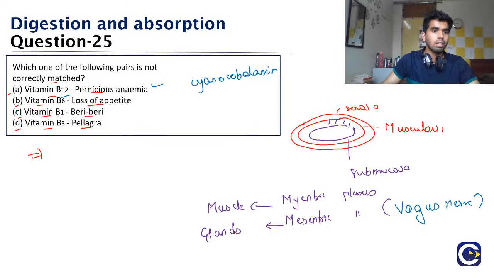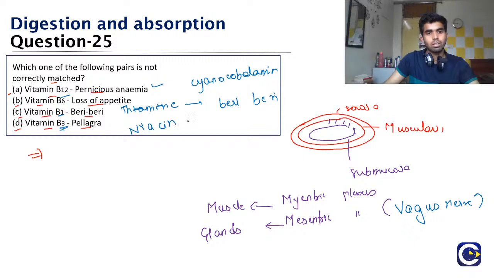Then vitamin B1 is thiamine, and its deficiency leads to a disease, that is beriberi. Vitamin B3 is known as niacin, and its deficiency is known as pellagra. Vitamin B12 deficiency we have covered, it occurs in pernicious anemia.